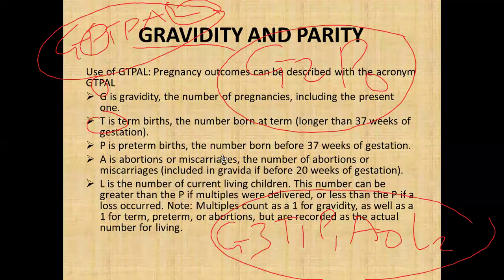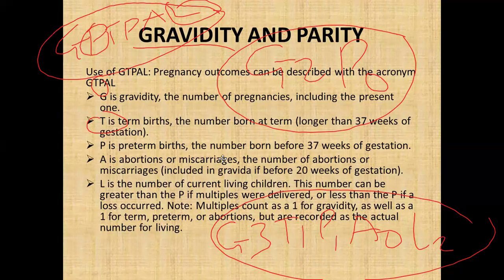There are instances where the L can be more than the number of pregnancies the person has carried. Let me take it again. There are instances where you get a question in which the number of children currently living is more than the number of pregnancies the person has had.